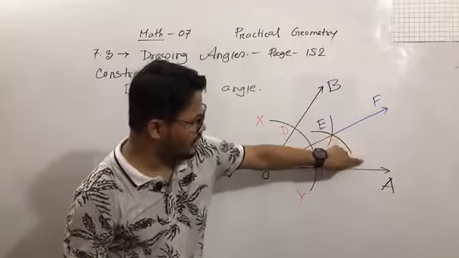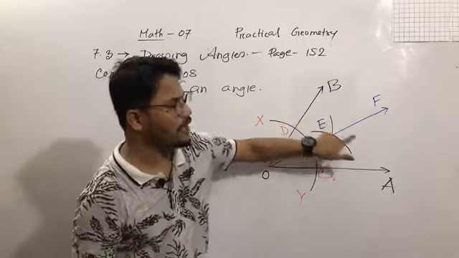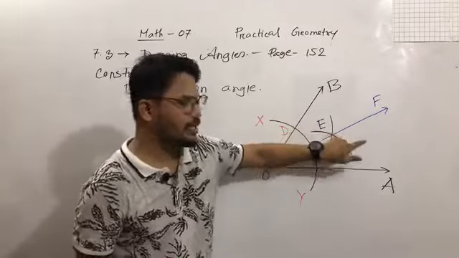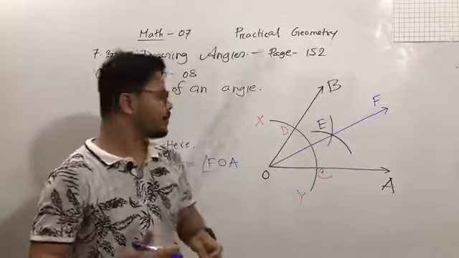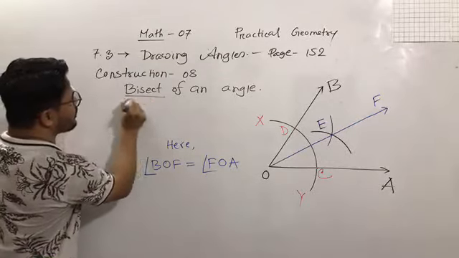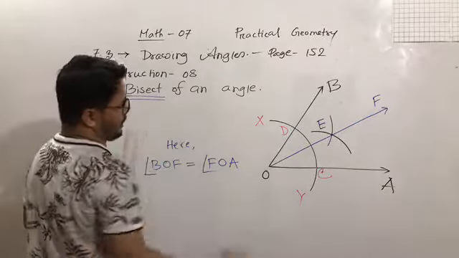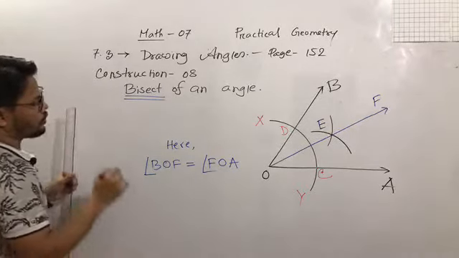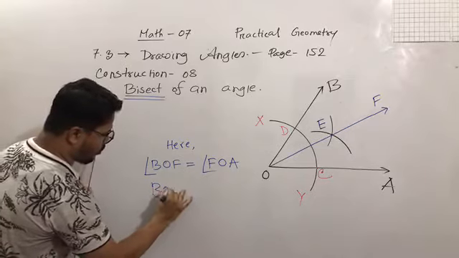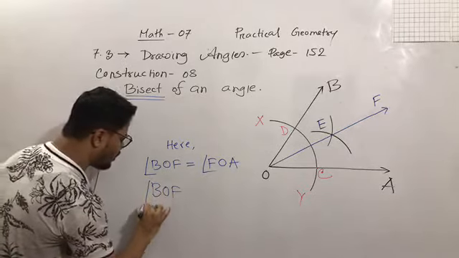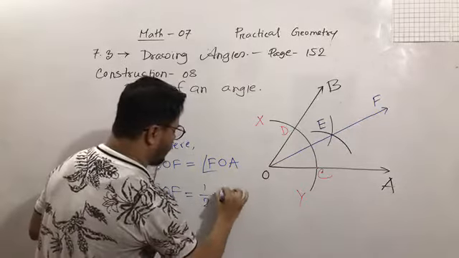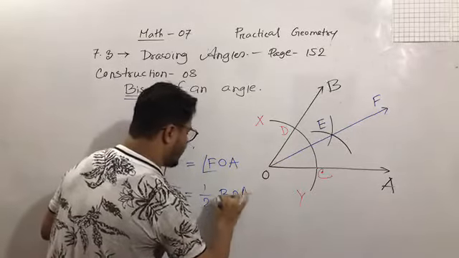If this angle is 60 degrees, this one will be 30 and 30. If the previous angle was 80 degrees, each bisected portion will be 40 degrees. So this is the bisect of an angle. We can write here: angle BOF equals half of angle BOA.